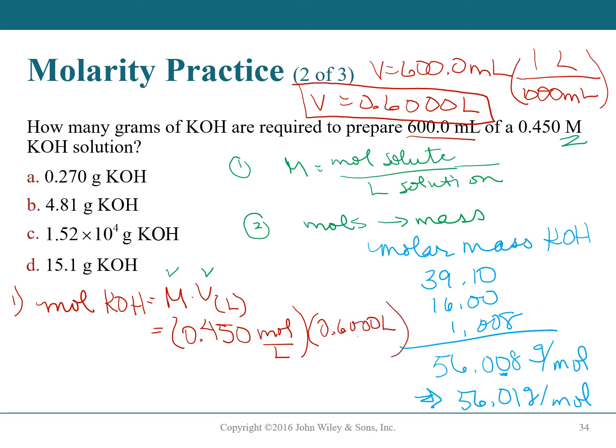This is 4 significant figures. This is 3. So our answer, we'll underline it so we know it's 3 significant figures. So 0.450 times 0.6000, and I get something like 0.270 moles of KOH. Okay, so we finished number 1.